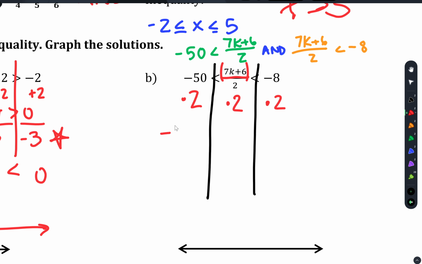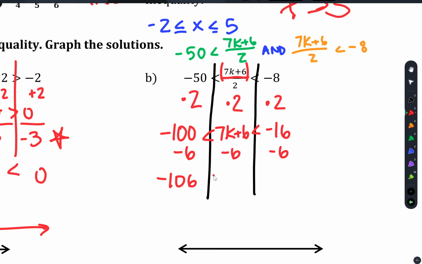That leaves me with negative 100 is less than 7k plus 6. Now that's free. And then negative 8 times 2, negative 16. And now we can go ahead and move that 6. Subtract 6.